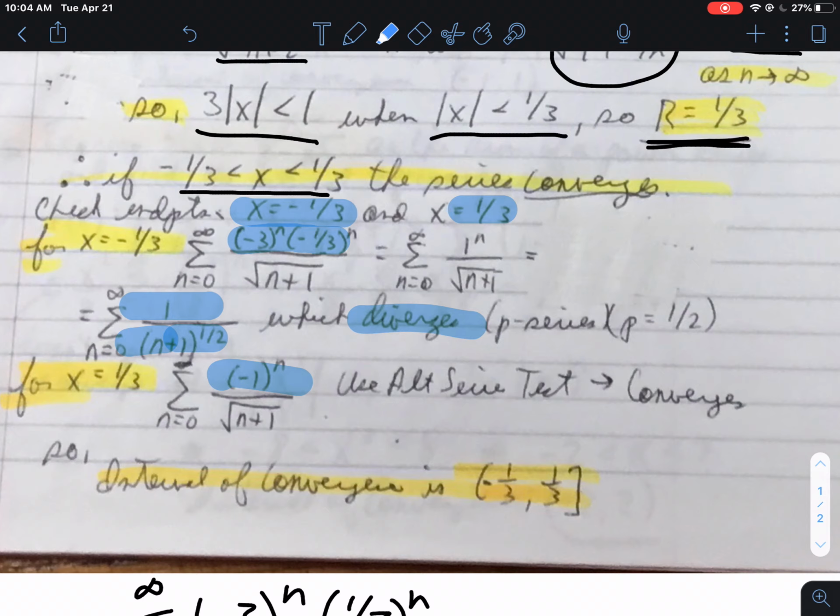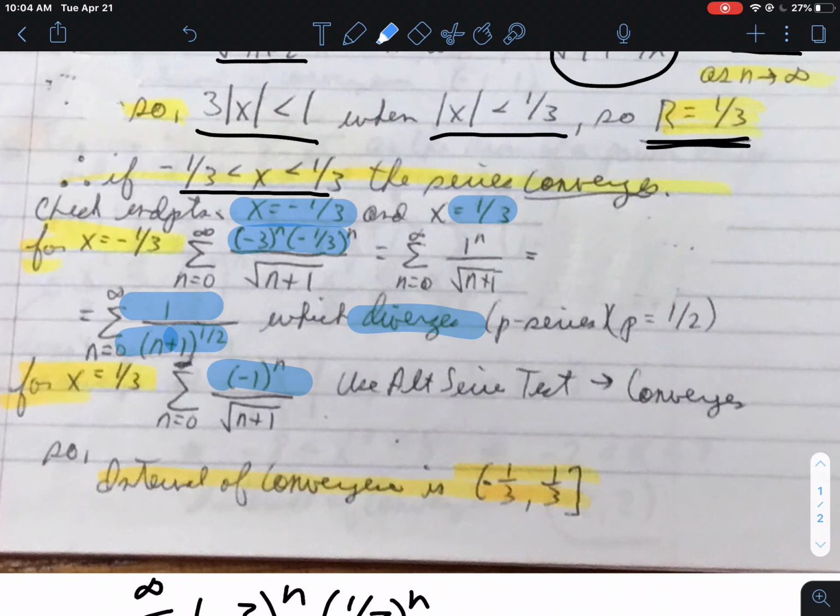Now that one I'm going to have to use alternating series test for. We already know that positive 1 over square root of n plus 1 is a divergent p-series. Negative 1 to the n over the square root of n plus 1 requires alternating series test because of that negative 1. So the absolute value of that would be 1 over square root of n plus 1.